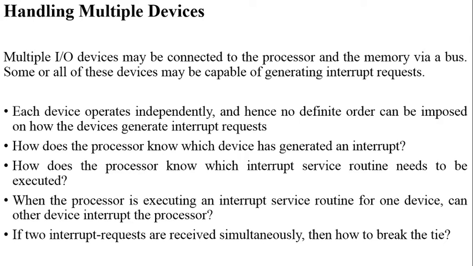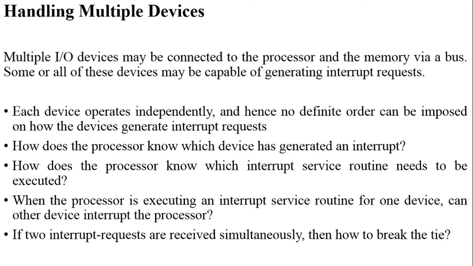So this is a complex situation: the bus is associated with different IO units, memory, processor, etc., and all these units work independently of each other, so each device can generate its own interrupt request at any time without interacting with other devices connected to the bus system. In such a situation we have to face complex questions.